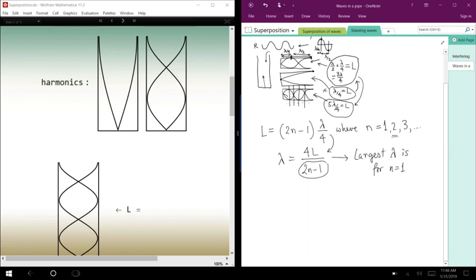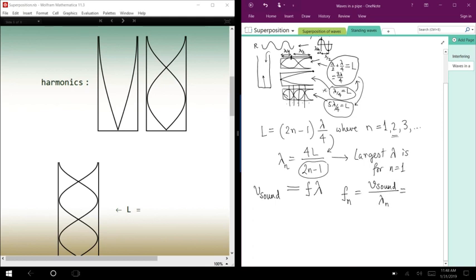Okay, but the speed of sound, v sound, is the same for any wavelength, and v sound is equal to frequency of sound times wavelength, right? So that tells us that for the frequency f, let's give this an index, lambda n, because lambda changes as n changes. Similarly, f n will be equal to v sound divided by lambda n.